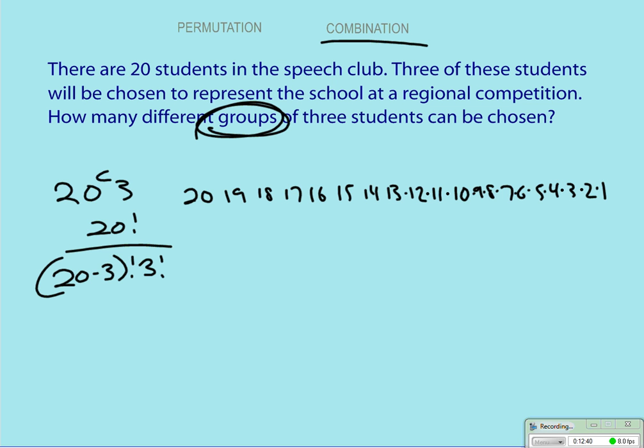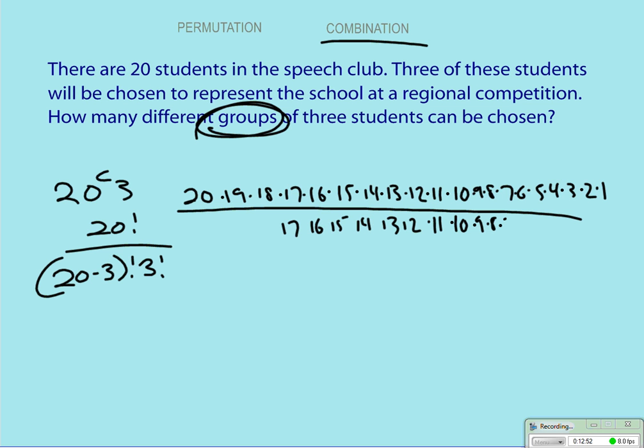I really hope it's towards the end. On the bottom, 17, 16, 15, 14, 13, 12, 11, 10, 9, 8, 7, 6, 5, 4, 3, 2, 1. Then I'm going to put 3, 2, and 1 out here.